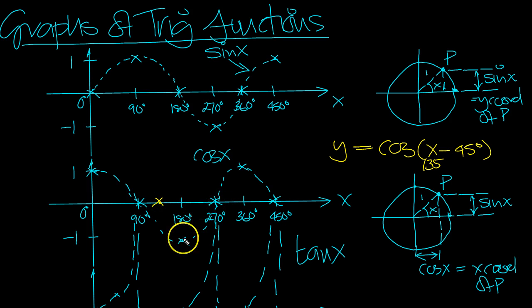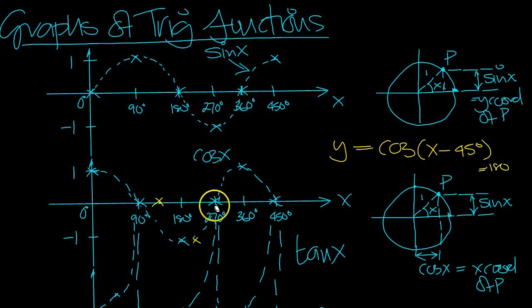And if I put in 225, minus 45 equals 180. Cos 180 is this value here. So at 225, which is here, the value, the cos of 180, is down there. See it? Let's try another one, so that we're starting to get happy.